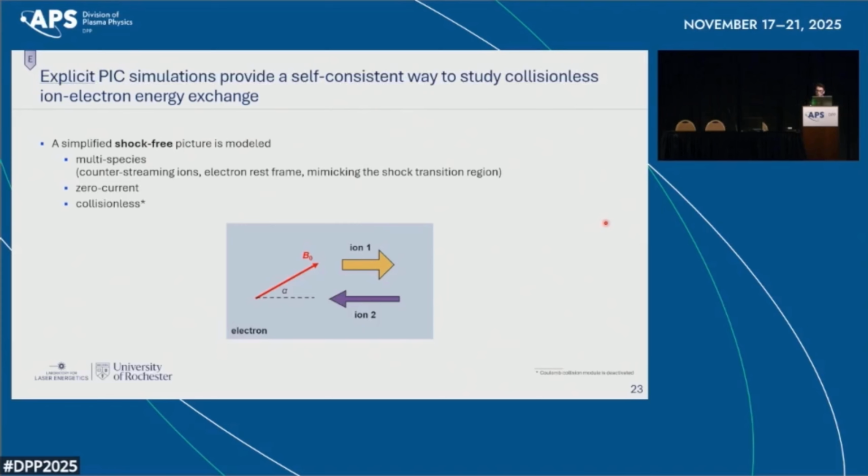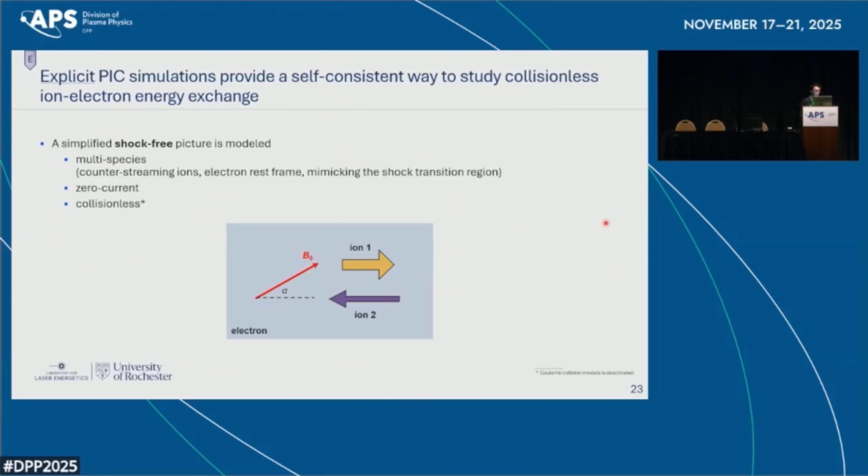Here we only consider a small part of the region. In a full shock simulation that includes everything, it would be impossible to separate individual physical processes. So we simplified this picture a little bit.